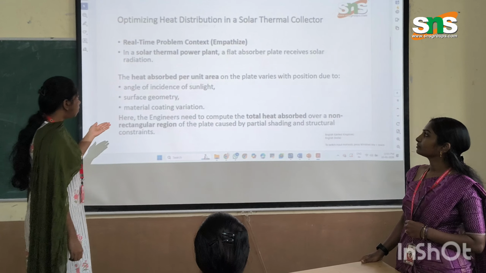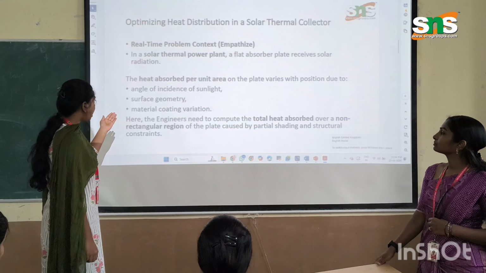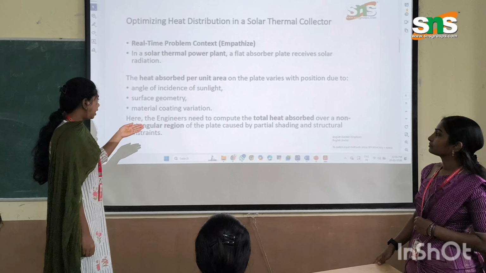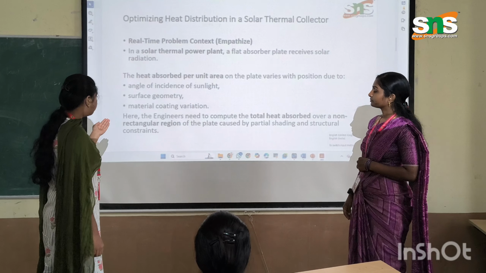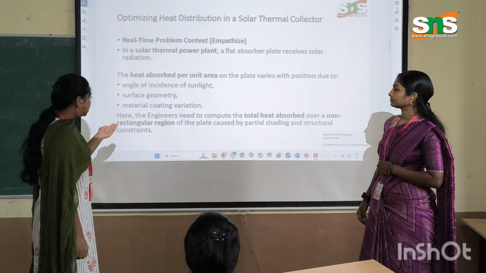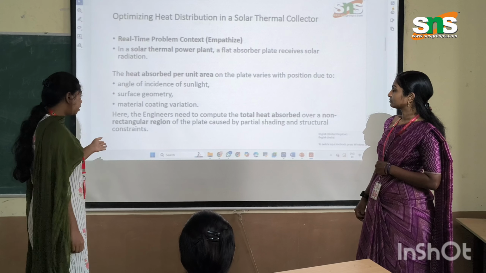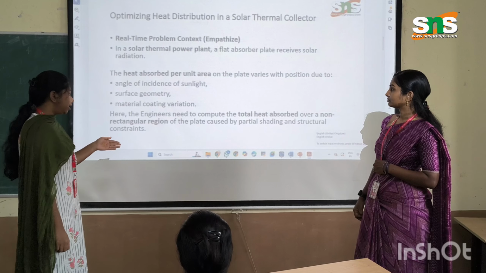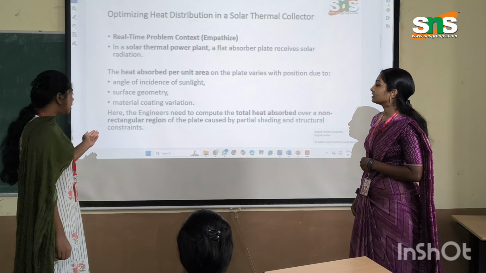The heat absorbed per unit area on the plate varies with the position due to the angle of incidence of sunlight, surface geometry, and material coating variation. Here, the engineers need to compute the total heat absorbed over the non-rectangular region of the plate caused by partial shading and structural constraints.